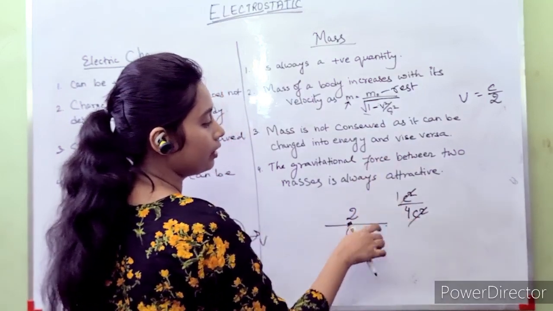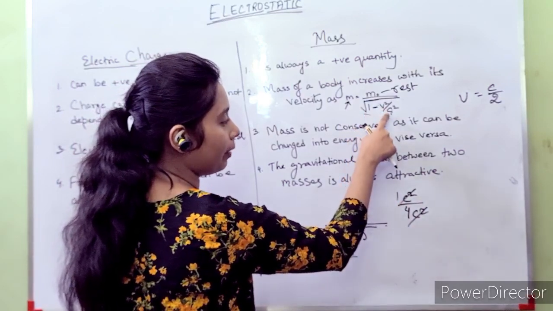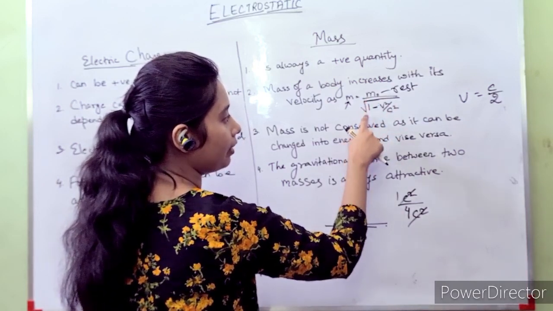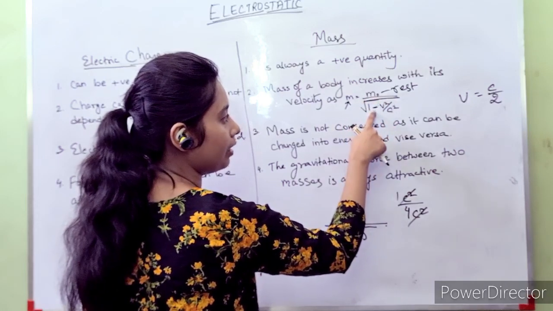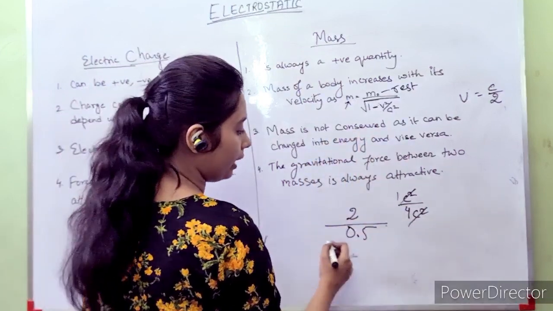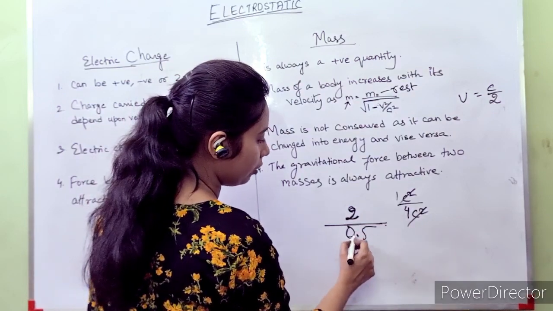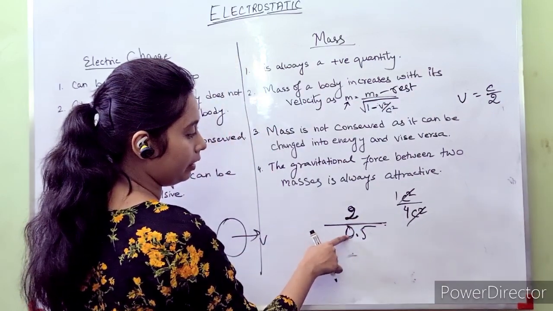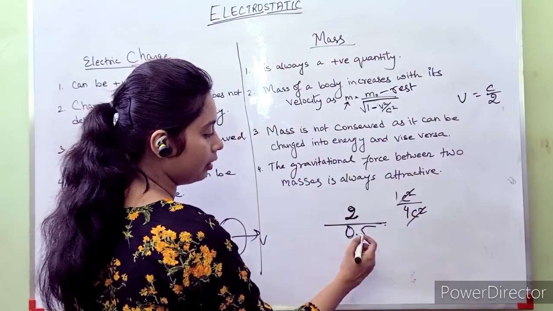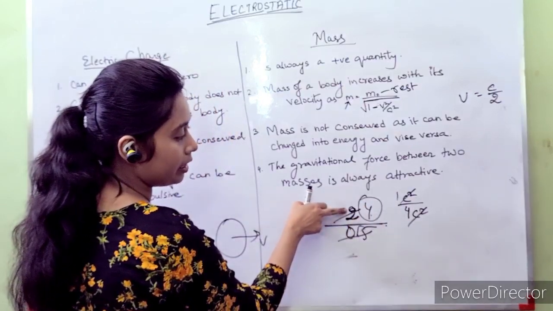So 1 by 4, this number is less than 1. So 1 minus something which is less than 1, the overall will be less than 1, and the square root of a number which is less than 1 will still be smaller than 1. Now anything, like 2 divided by 0.5, where 0.5 is less than 1. Any number divided by a number which is less than 1, the result will be greater than the numerator.